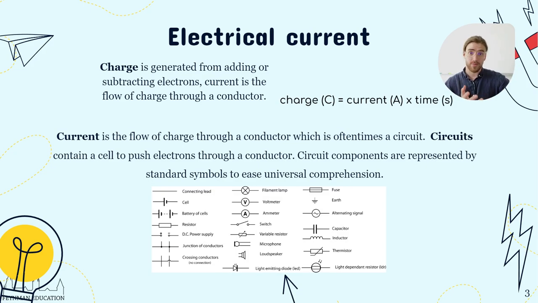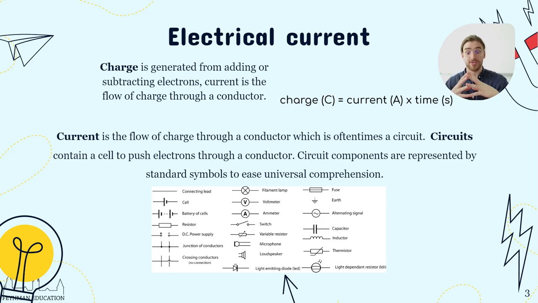Now, these conductors that we were talking about are also referred to as circuits. When we talk about circuits, it's the push of electrons through a conductor through various components. The source of these electrons isn't just the metal, but rather a battery. That battery is going to provide the electrons required to move through the circuit, usually to specific components.